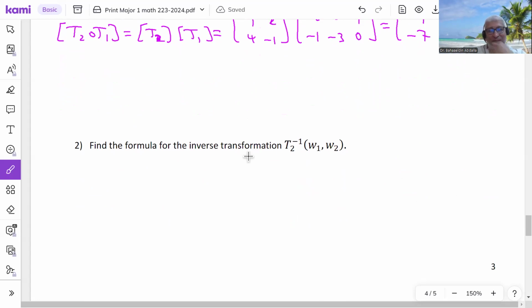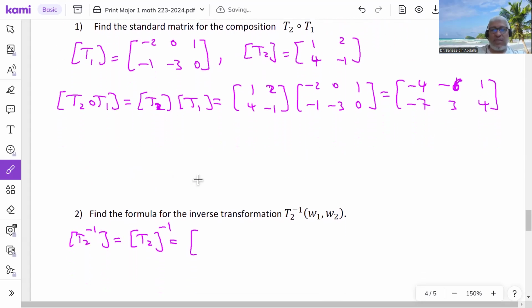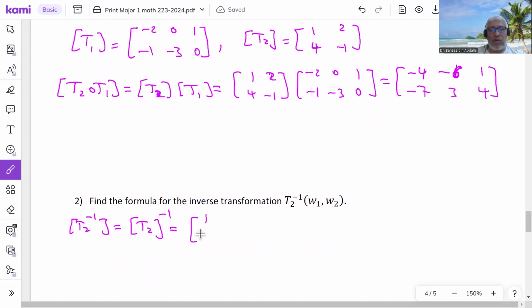Find the formula for T2 inverse. Well, I need to find the standard matrix of T2 inverse. And by definition, it is the inverse of the standard matrix of T2. The standard matrix of T2 is [1, 2; 4, -1].